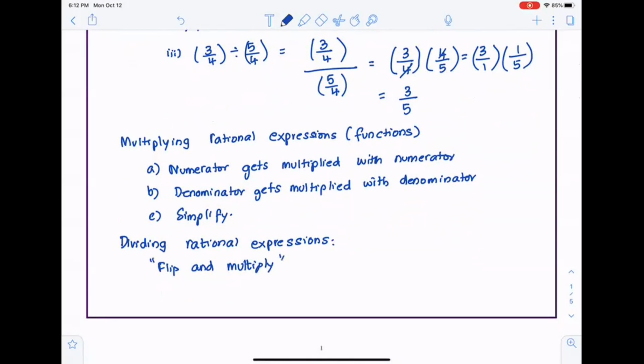So you've got to flip the denominator, multiply to the numerator. So flip the denominator, you multiply to the numerator.